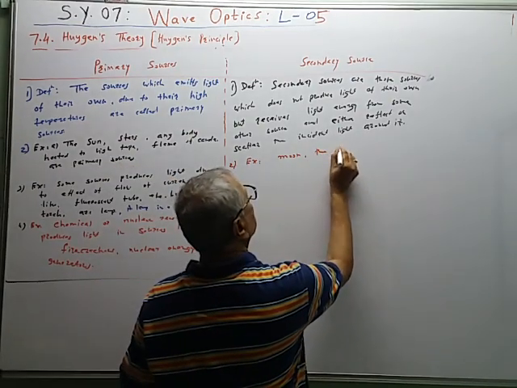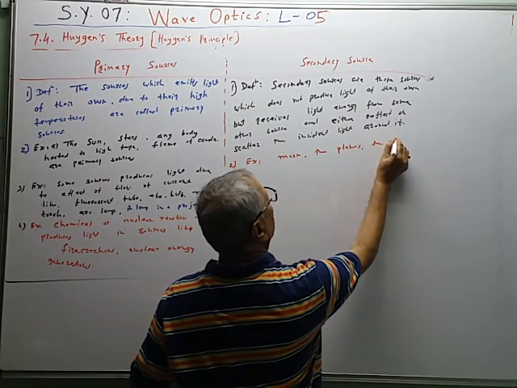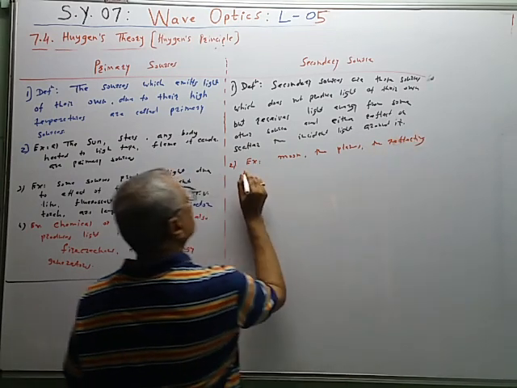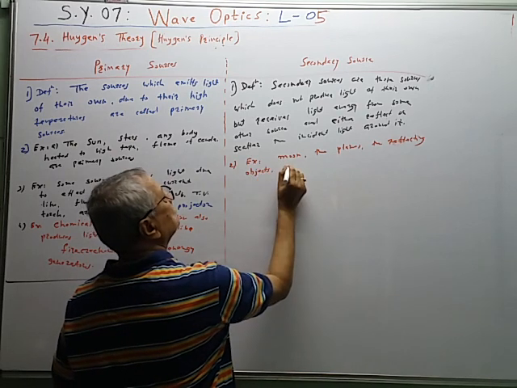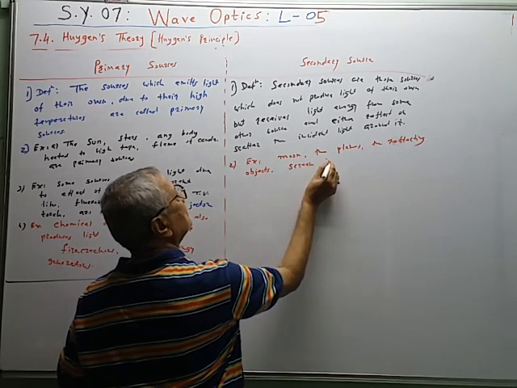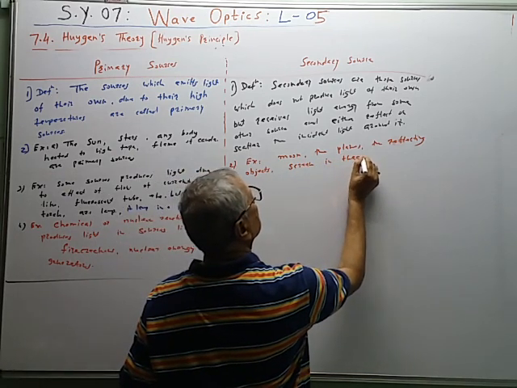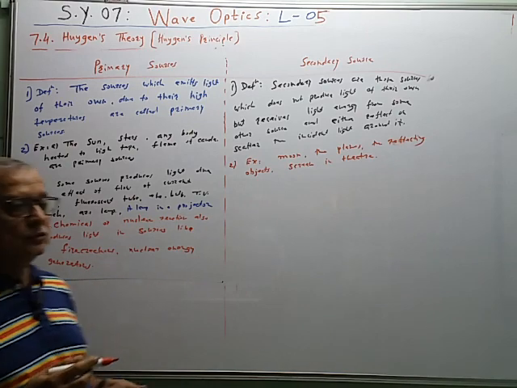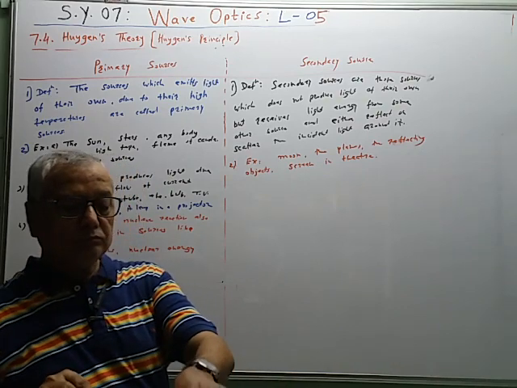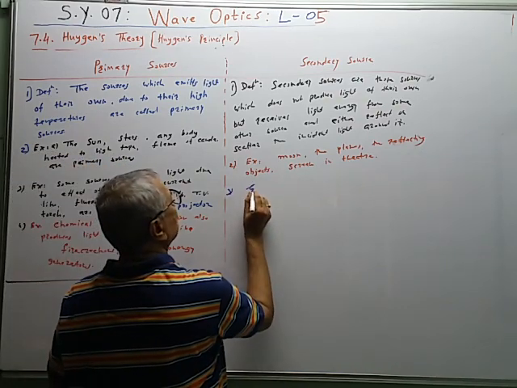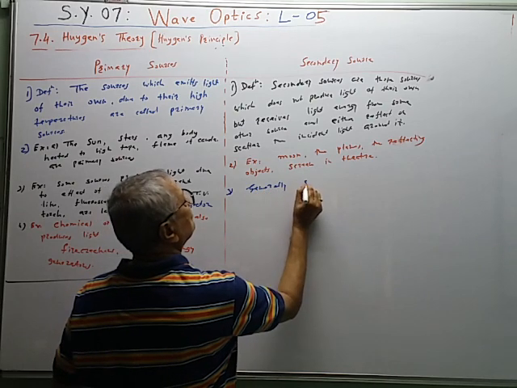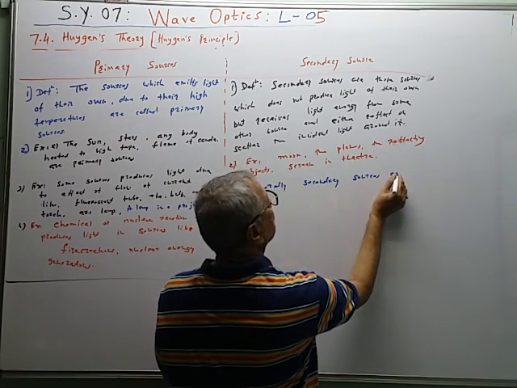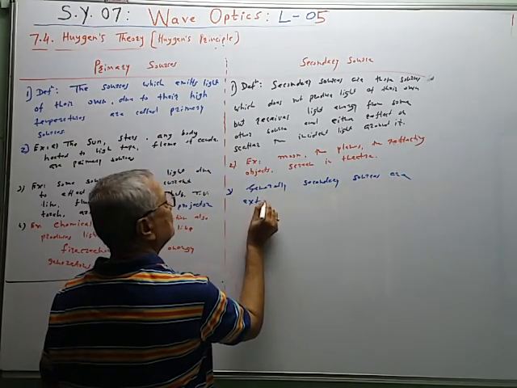The planets, reflecting surfaces, reflecting objects, screen in theater, etc. Generally, secondary sources are extended sources, means they produce the cylindrical wavefront.